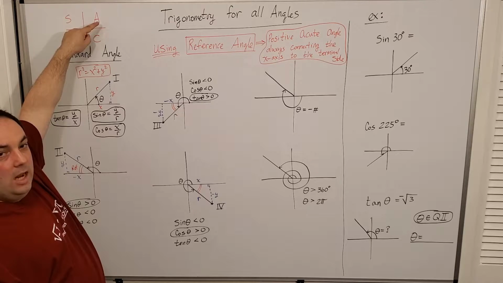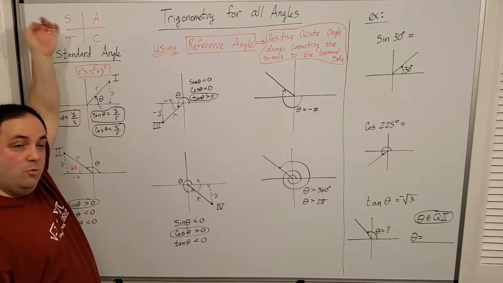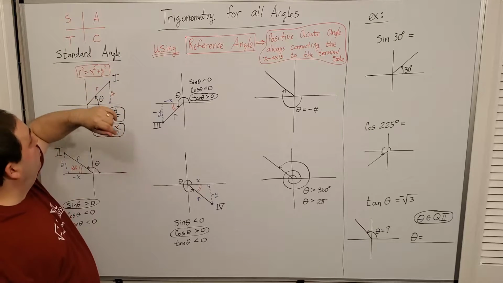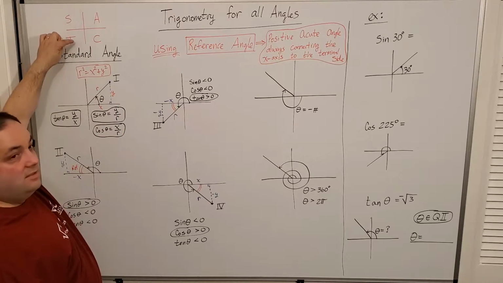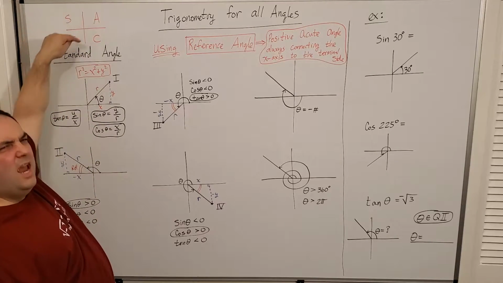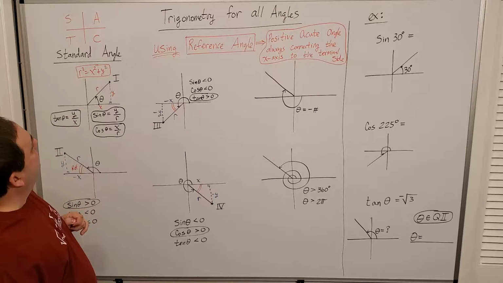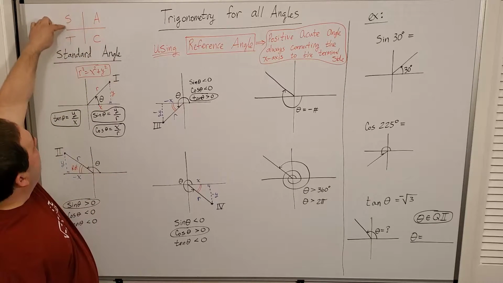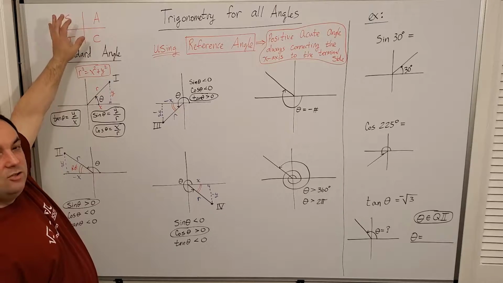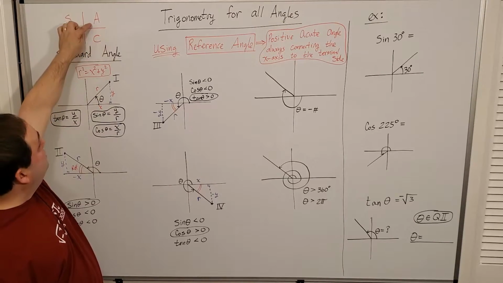If you don't like ACTS, then there's another mnemonic that I've heard ever since high school, and it's All Students Take Crap. Or All Students Take Calculus. To a lesser degree, that could be true. But whatever, ASTC, notice that what these letters are standing for are what's positive in each of those quadrants.